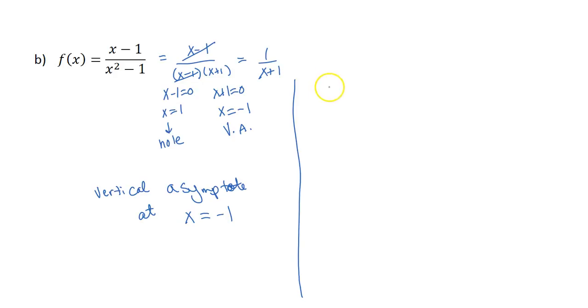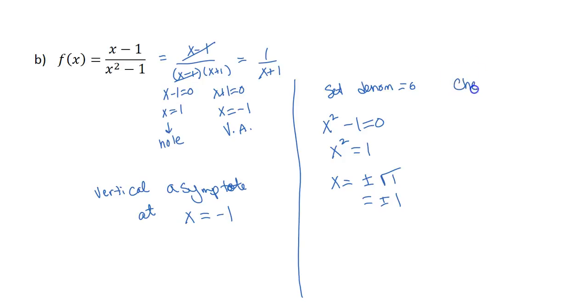If you don't want to do that, you can always set the denominator equal to 0. So that would be x squared minus 1 equals 0. X squared is 1. So x would be plus or minus the square root of 1, or plus or minus 1. If you check the numerator, make sure it's not 0, then you would plug both of those in.